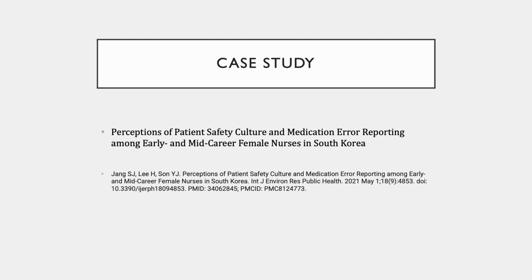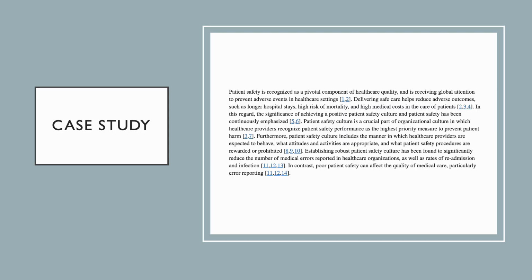The first paragraph provides the status quo. Here is the status quo. You will notice that patient safety is recognized as pivotal of health quality and is receiving global attention to prevent.